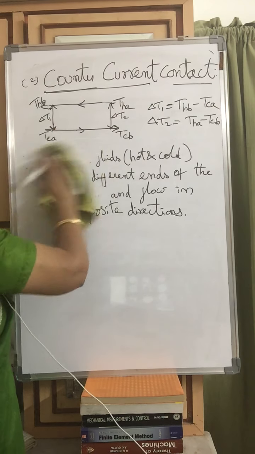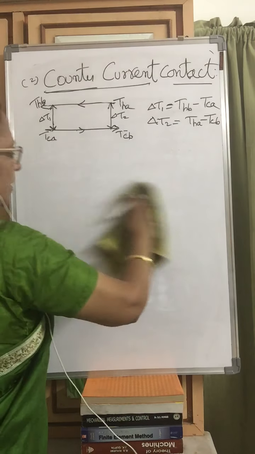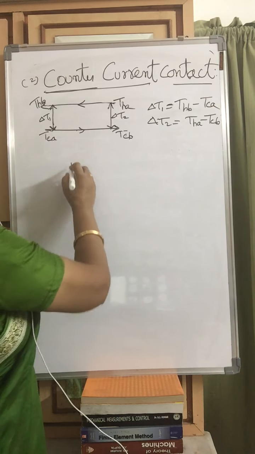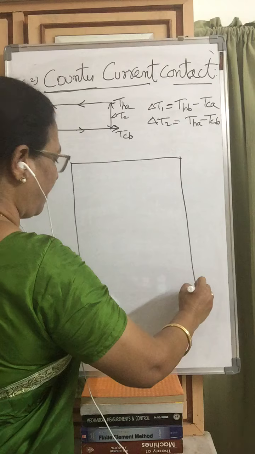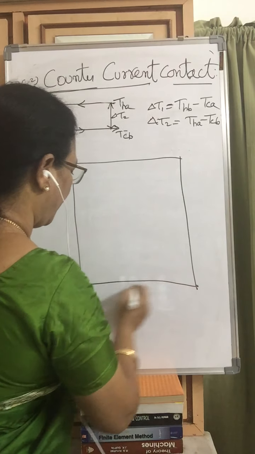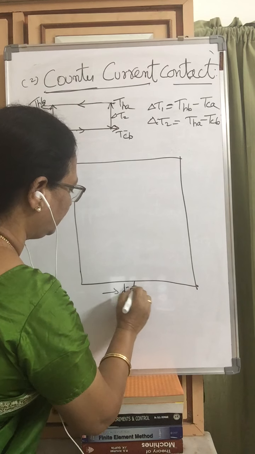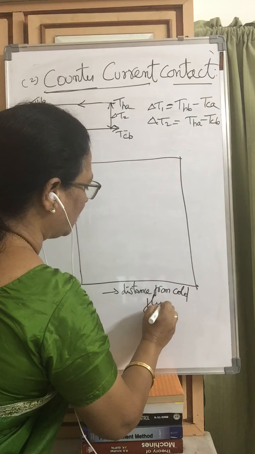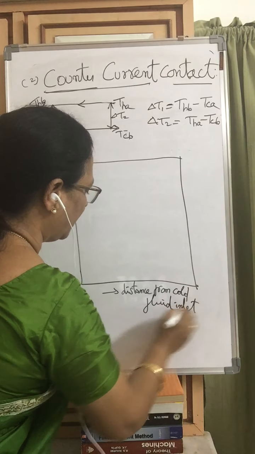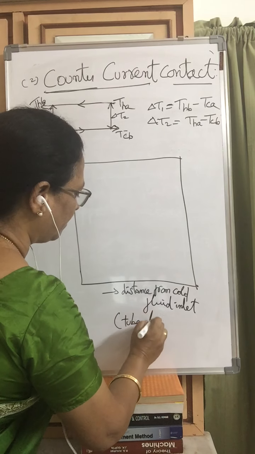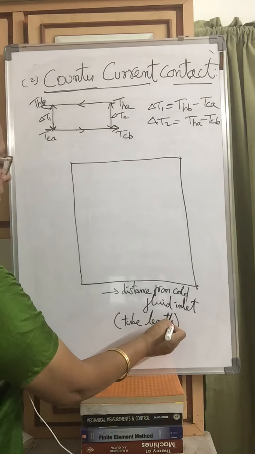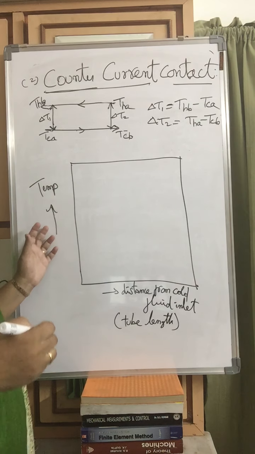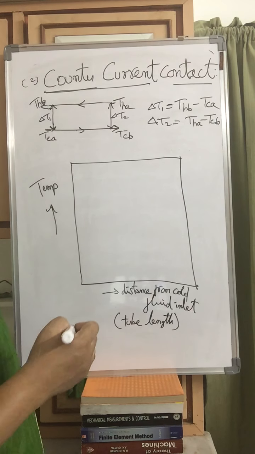Now for the same counter flow, we will also draw that diagram with respect to tube length. Here, distance from cold fluid inlet, which is nothing but the tube length, and here temperature. Same diagram, same x-axis and y-axis that we have seen for the parallel flow.